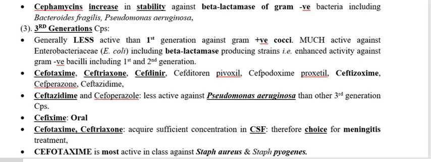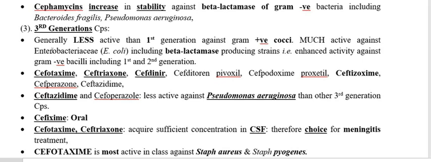So cefotaxime and ceftriaxone also possess a very important property: they cross the blood-brain barrier. When the drug crosses the blood-brain barrier, it reaches sufficient concentration in the cerebrospinal fluid. With sufficient concentration in the cerebrospinal fluid, the drug can be used for therapy of meningitis.